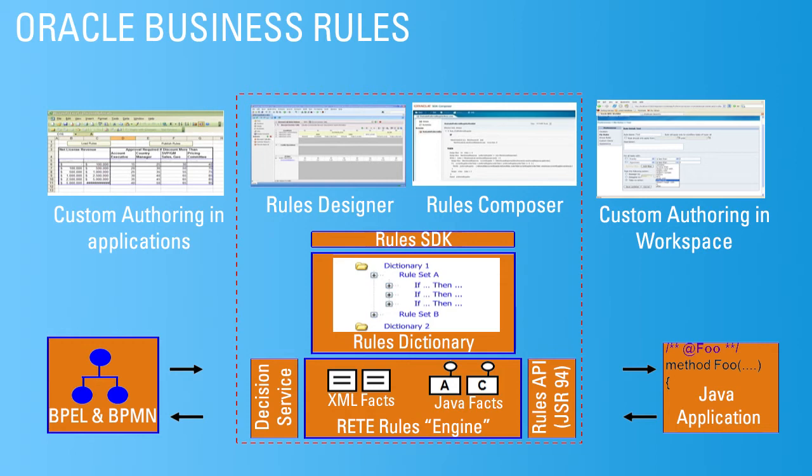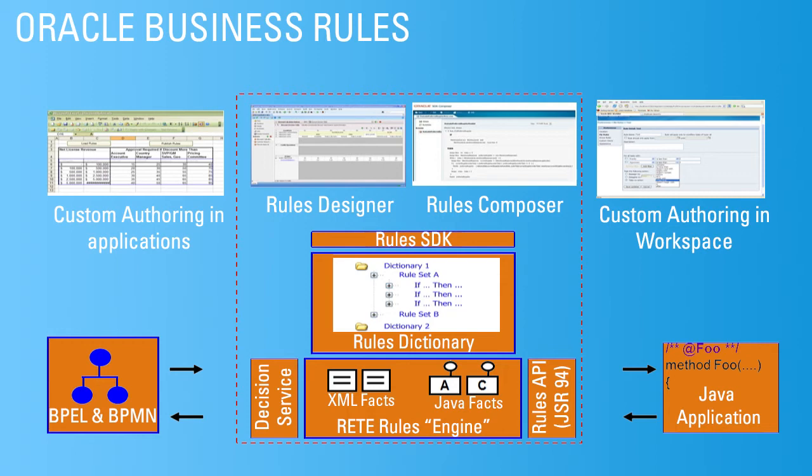All right, and then the rules SDK is what you would use to author rules. So if you wanted to write your own authoring tool, with a design time that looks however you want, then you would use the rules SDK to create the rule dictionary and author the rules themselves.